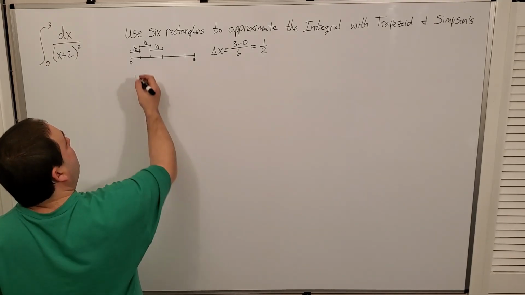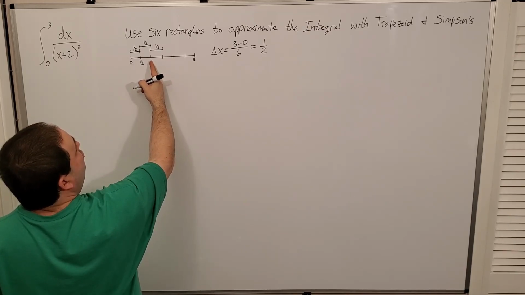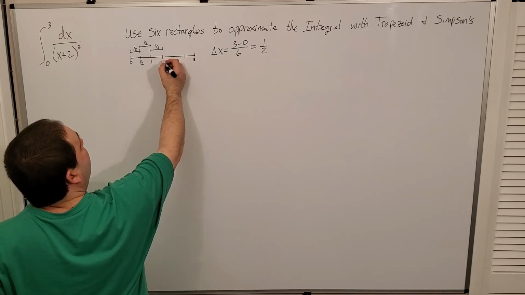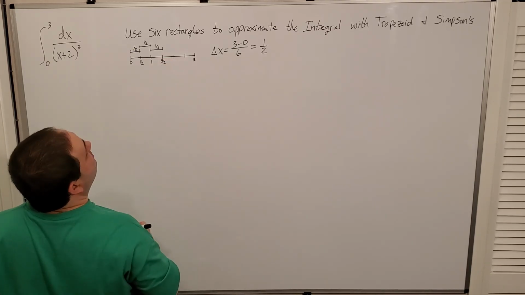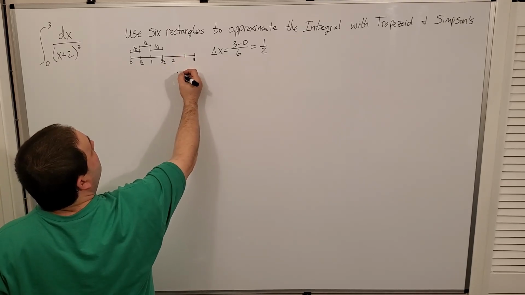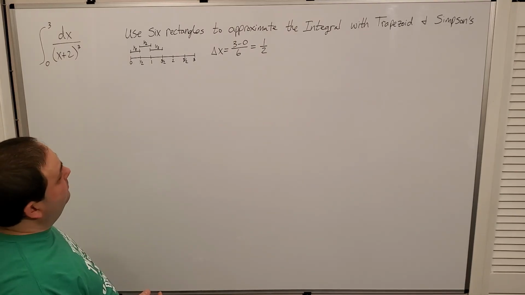So that means this is 1/2. This is 2/2, which is 1. Then 1.5, so 3/2. And then 2. And then 5/2. And 3, right? Okay.